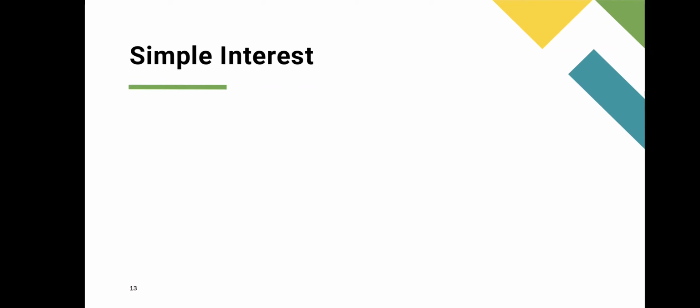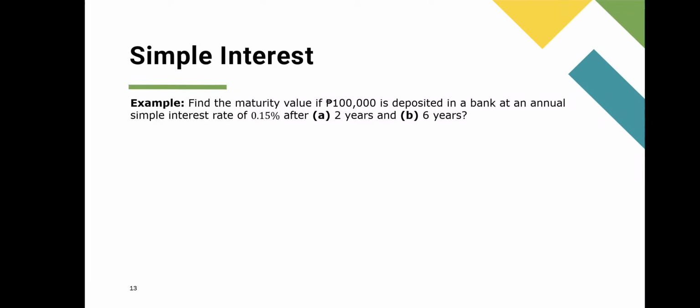So let's have some examples. First, we will find the maturity value of 100,000 pesos. So if this amount is deposited in a bank at an annual simple interest rate of 0.15% after 2 years and after 6 years.